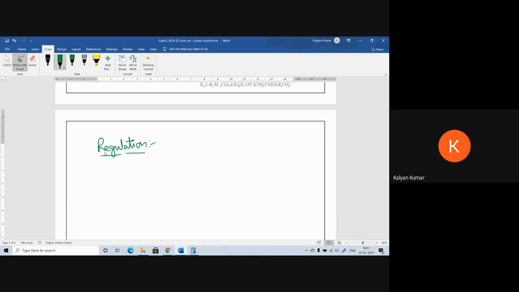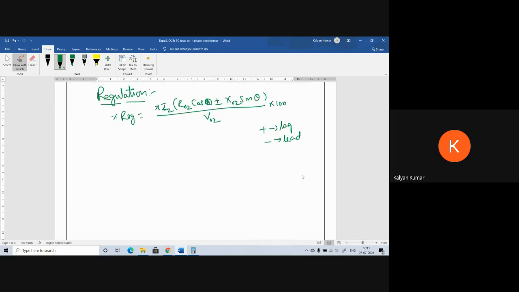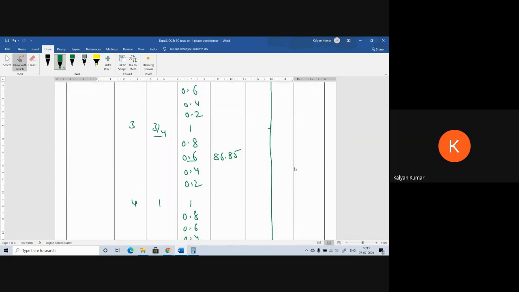For regulation, the formula is x into I2 into R02 cos theta plus or minus X02 sin theta, divided by V02, into 100. So here the plus sign is used for the lagging case, and the minus sign is used for the leading case. Now we will do both cases.